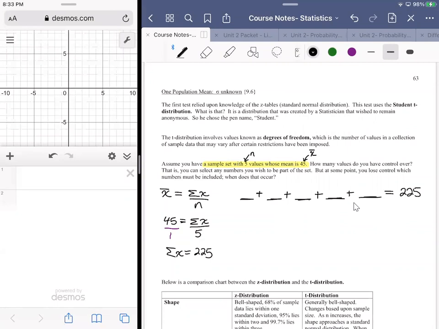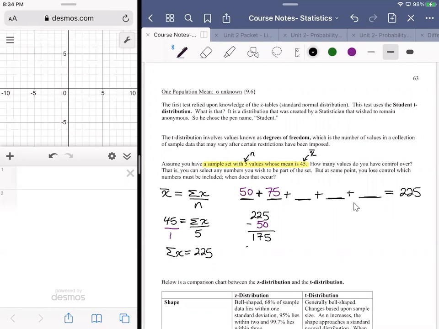All right. So let's say I want the first value to be, I don't know, 50. Then I would have 225 minus the 50 that I selected. It'd be 175. And let's say, just to make the numbers as nice as I can as we go, the next one is 75.